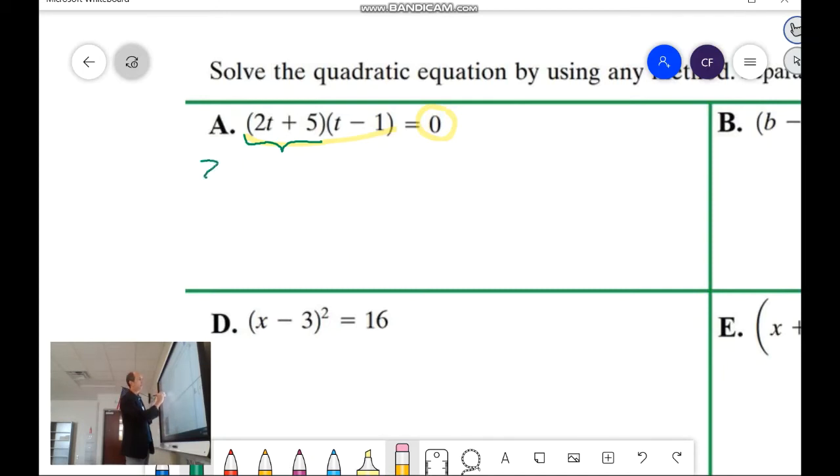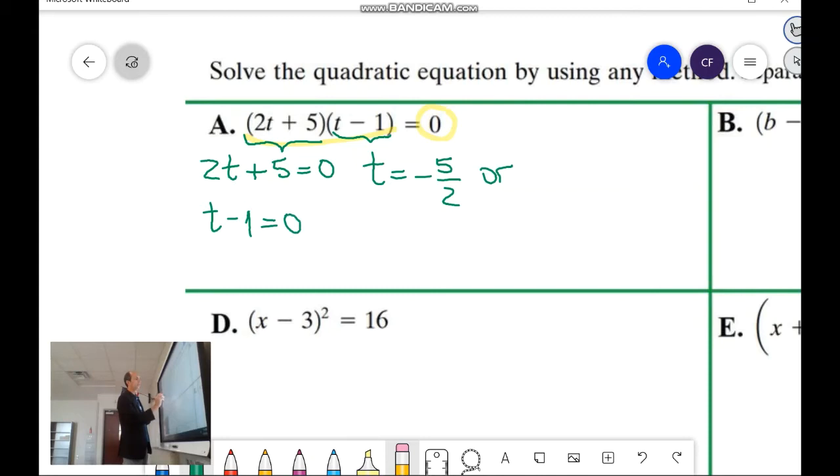We can make 2t plus 5 equals 0, t equals negative 5 over 2, or this other one, t minus 1 equals 0, t equals positive 1. So the answer is going to be negative 5 over 2 or 1. Okay?